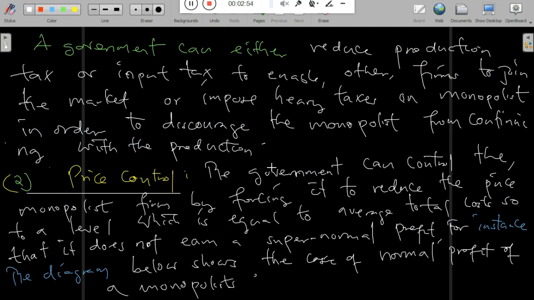The government can either reduce production tax or input tax to enable other firms to join the market, or impose heavy taxes on monopolists in order to discourage them from continuing with production.